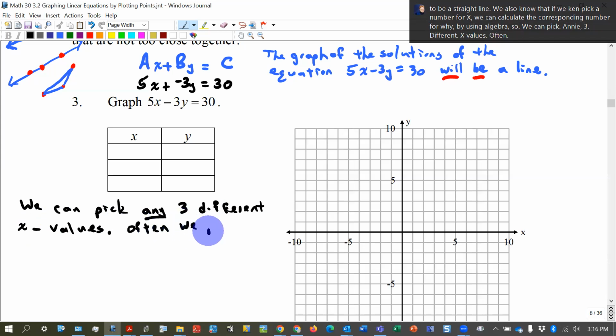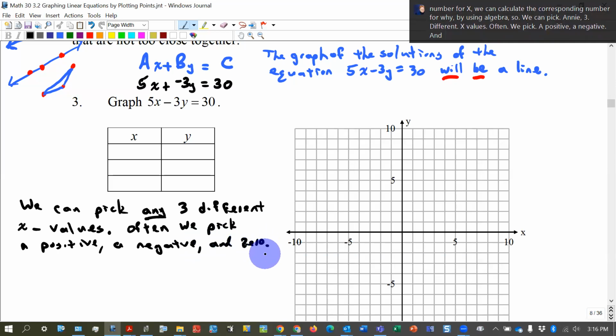Often we pick a positive, a negative, and 0.